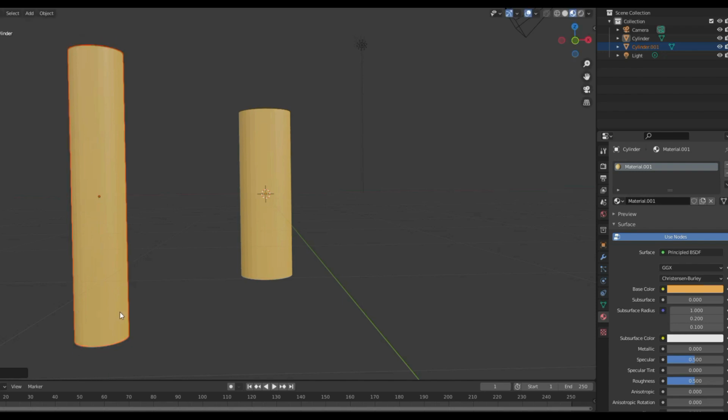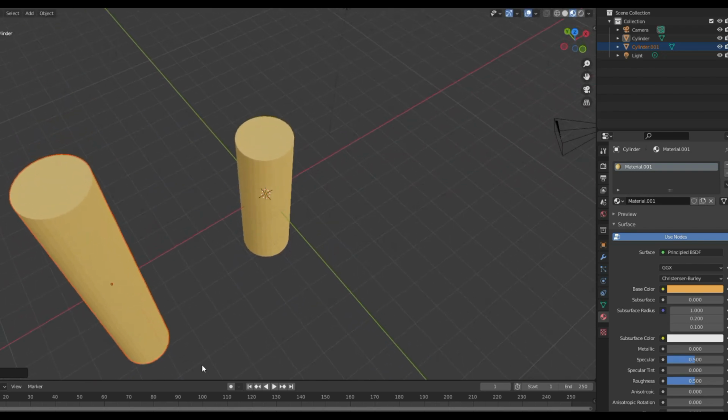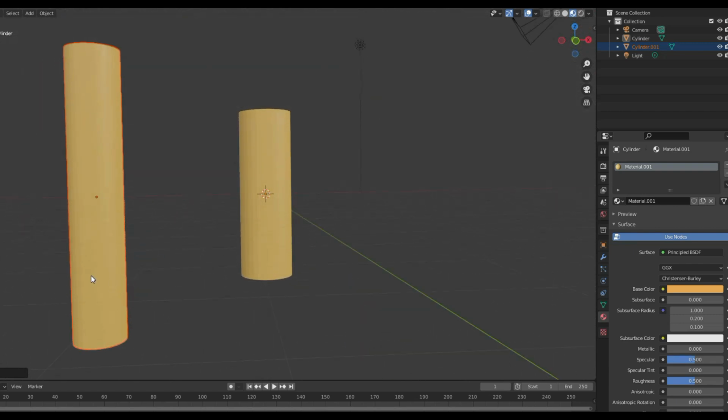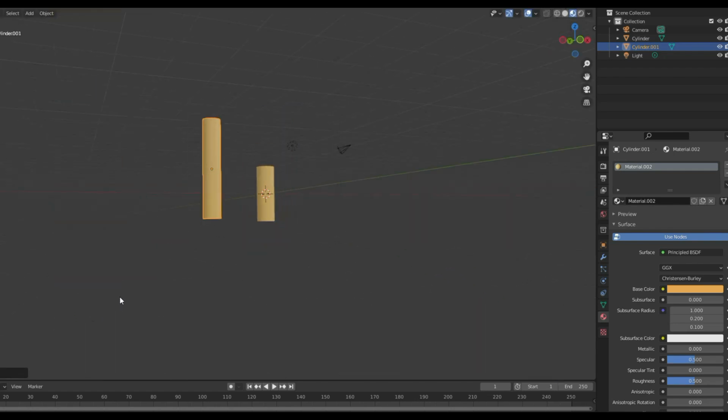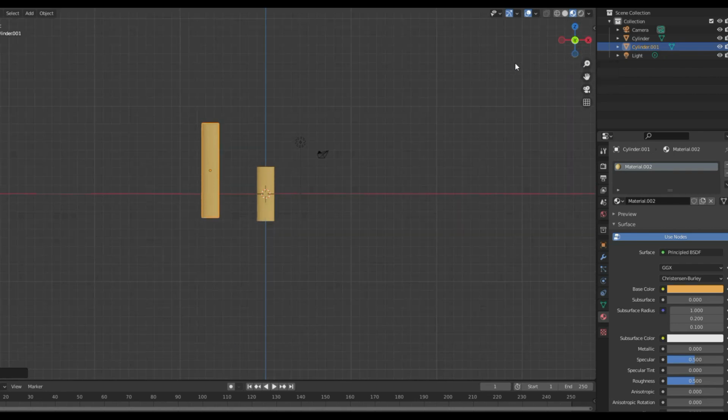It's kind of double, is it not? You can see it's doubled.